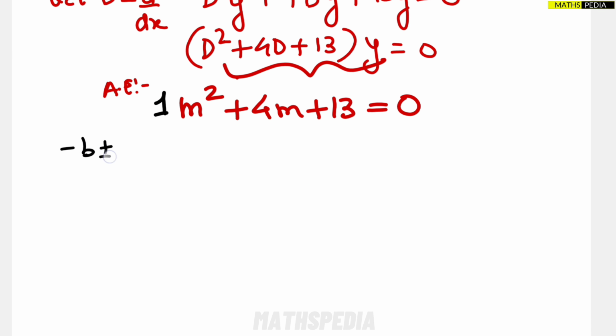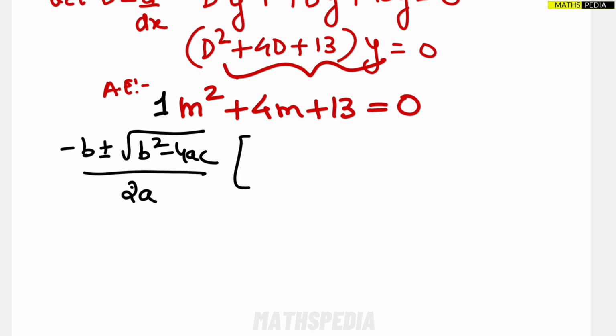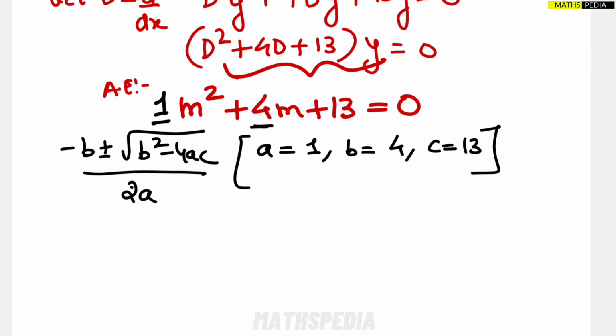The quadratic formula is given by minus b plus or minus square root of b square minus 4ac, divided by 2a. What are a, b, c here? The a value is the coefficient of m square, which is 1. The b value is the coefficient of m, which is 4. And the c value is the constant term, which is 13. Now you can substitute the values.